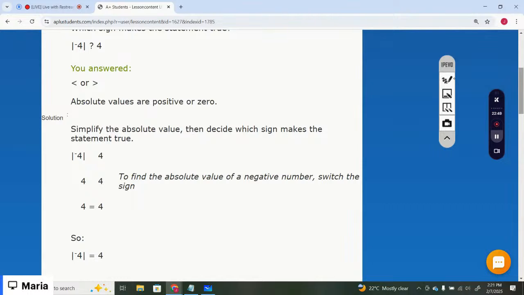The absolute value of -4 is 4 because the absolute value of a negative number is a positive value. So 4 is equal to 4, they both are exactly equal.